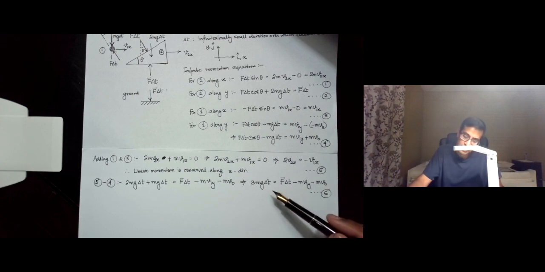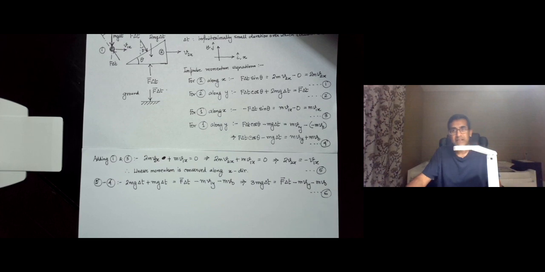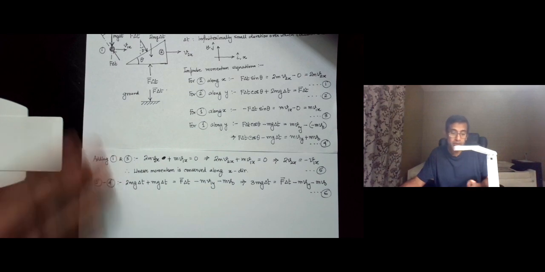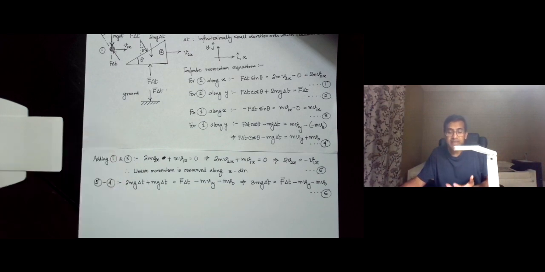The reason I cannot use it is, first, you have this delta t term. We do not know what this infinitesimal time instant is. We also do not know what this f bar is, and there is no way for us to find out f bar because that is an impulse coming from the ground. An equal and opposite impulse is going to the ground, but since the ground has infinite inertia, we cannot formulate f bar delta t to be equal to a change in momentum.